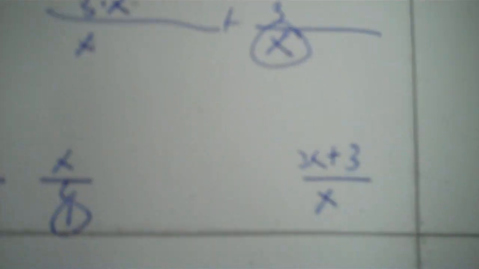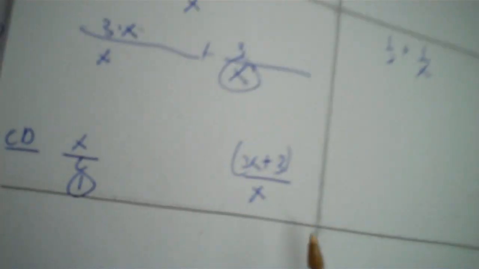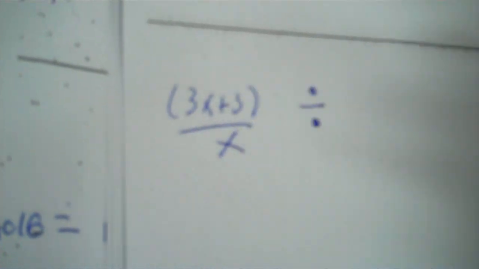Now that the common denominator is set, you can put x, put your plus sign. You don't really have to do much with the plus because 3 times x is 3x, and then 3. No, you can't add anymore. Put that in parentheses. So that's your dividend, okay? Dividend's what comes before the division sign.